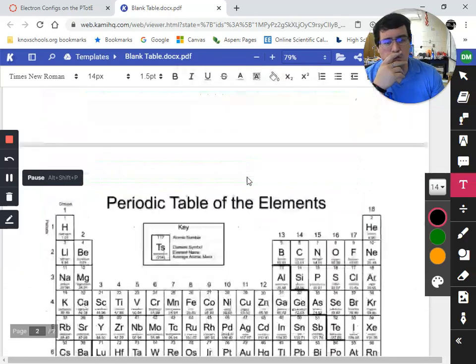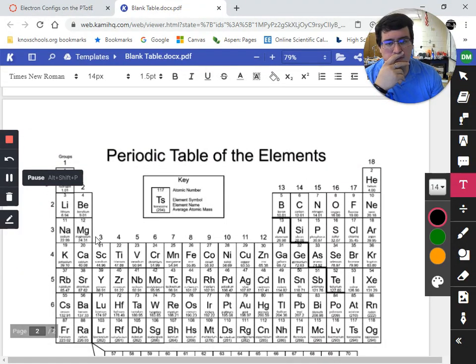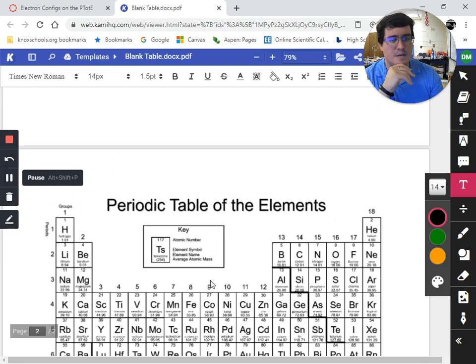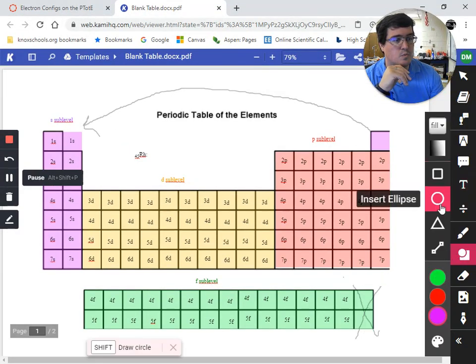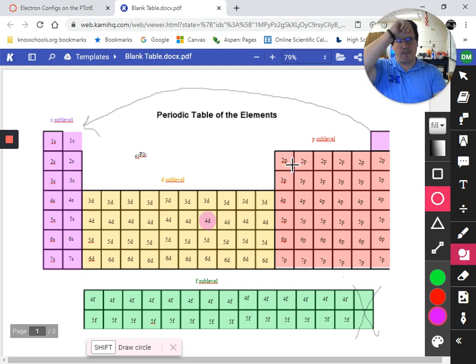So element number 45, rhodium is right here. It's in the 1, 2, 3, 4, 5, 6, 7th column and the second row of the D block. I'm going to draw a circle showing this is where I want to go. So that's where I want to wind up at the end of all of this, all right?